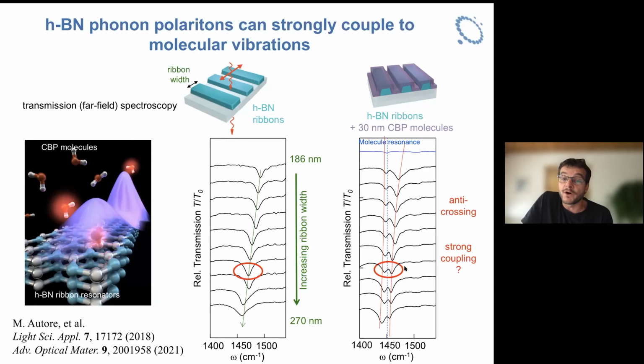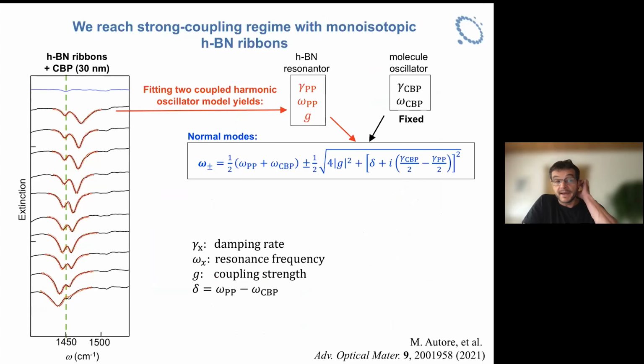But once we saw this, we thought, well, this kind of splitting of the resonator peak could indicate already strong coupling. And so we analyzed this in a little bit more detail. We followed the standard approach that is done in many of the strong coupling experiments. So we assume that we can describe the molecules by one harmonic oscillator and the ribbons by one harmonic oscillator.